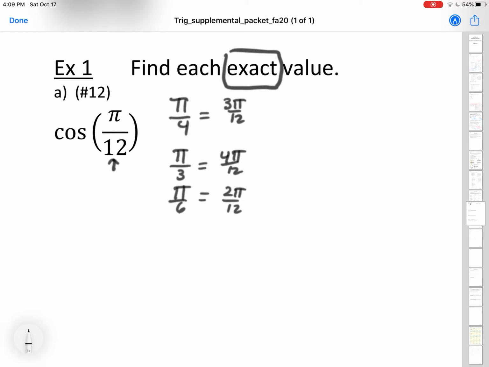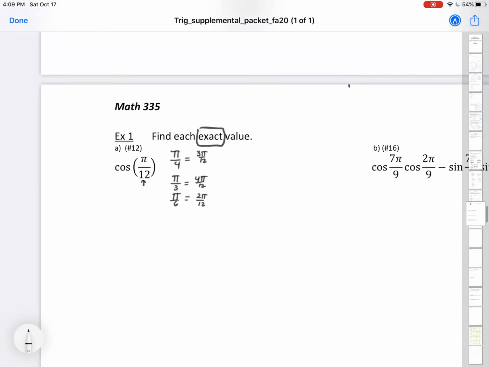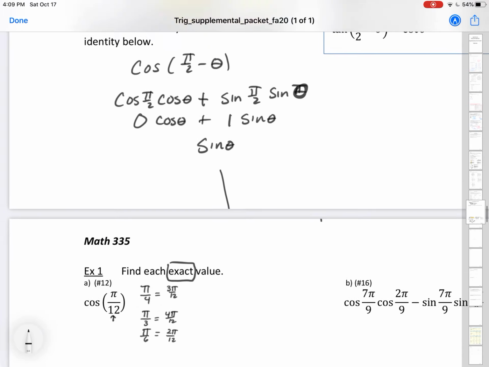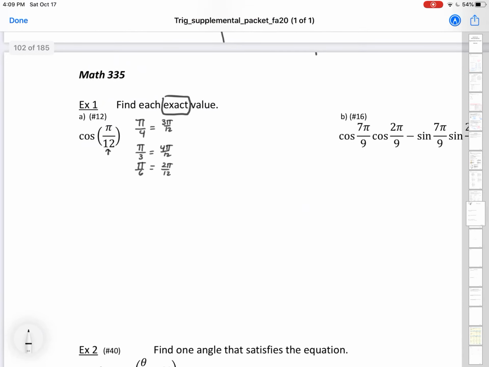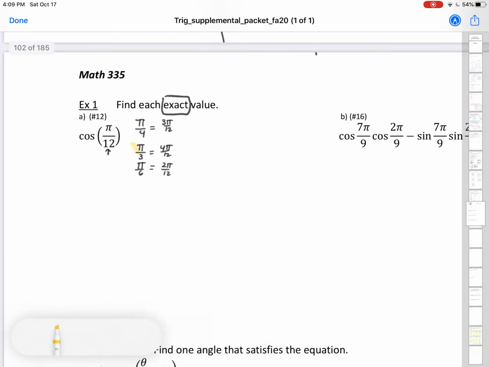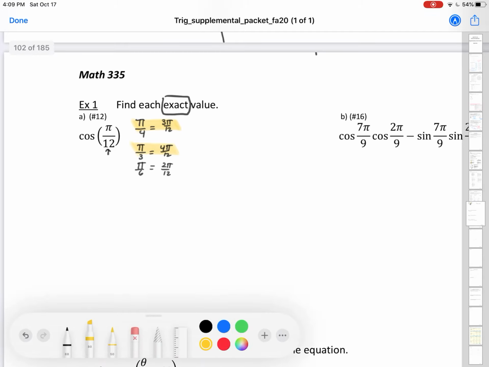Do you see a way that we could get simply pi over 12 by either adding or subtracting these? Because if we can add or subtract those, we'll know exactly what to do. Take a look at these two. What happens if I take 4 pi over 12 and subtract away 3 pi over 12? Then I get pi over 12.